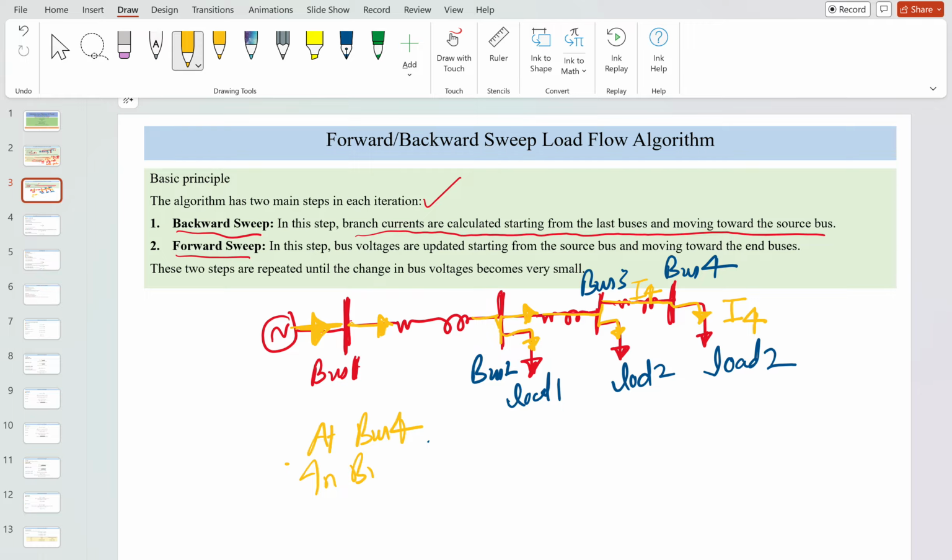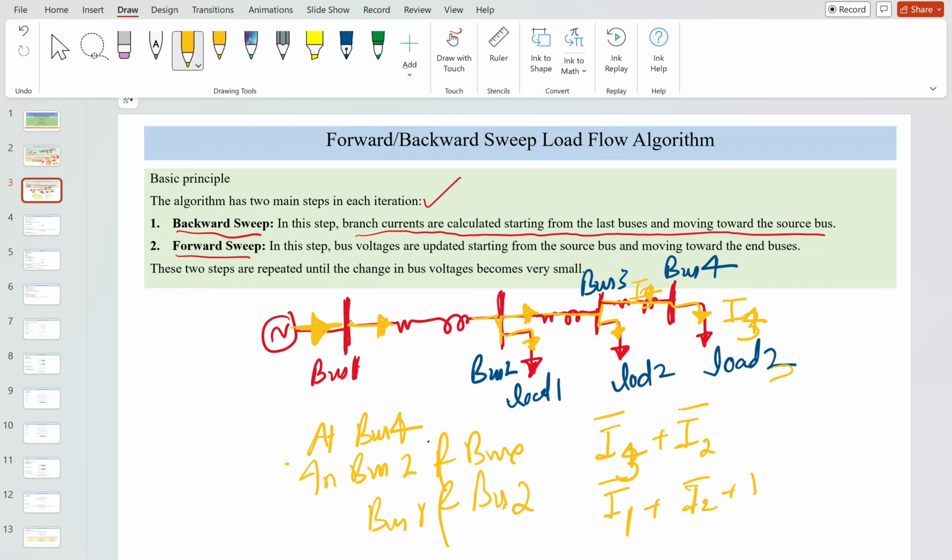Between bus 2 and bus 3, it will be the summation of the I4 current plus the current going into load 3, which is I3. So the current flowing there is I4 plus I3. This is a phasor sum. Between bus 1 and bus 2, it will be basically the I2 phasor plus I3 phasor plus I4 phasor.